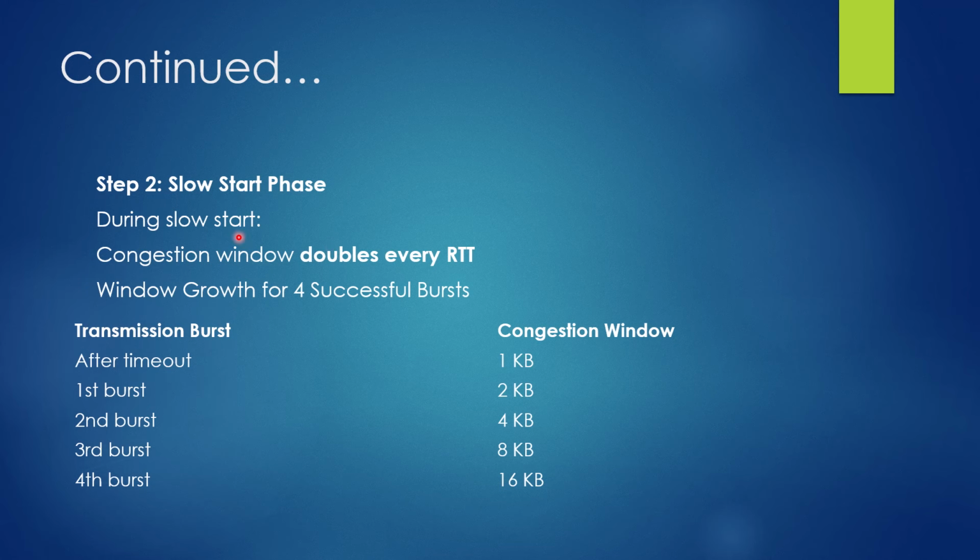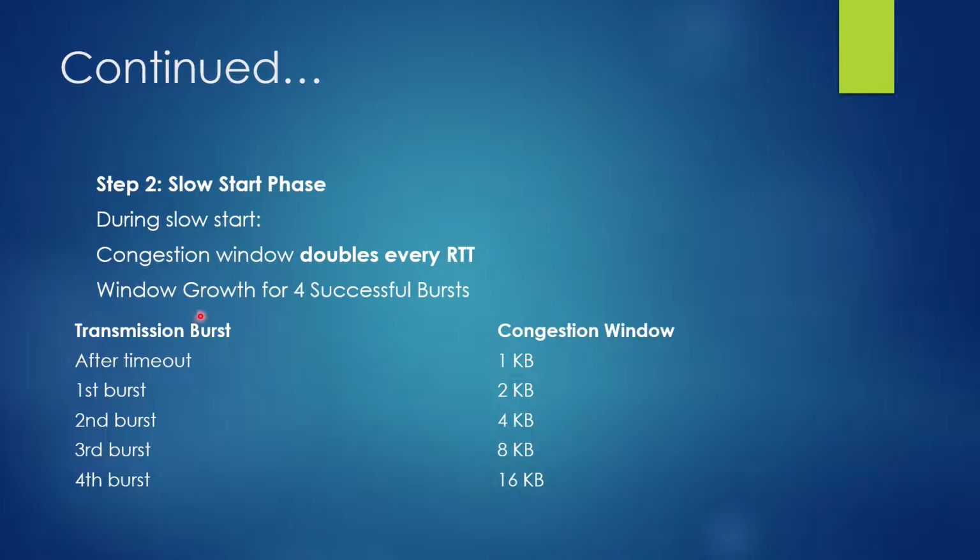During slow start, the congestion window doubles every RTT. The window growth for 4 successful bursts is like this: here is the transmission burst, and here is the congestion window. After timeout, it will be 1 KB. We have to do the window growth for 4 successful bursts: first, second, third, fourth.